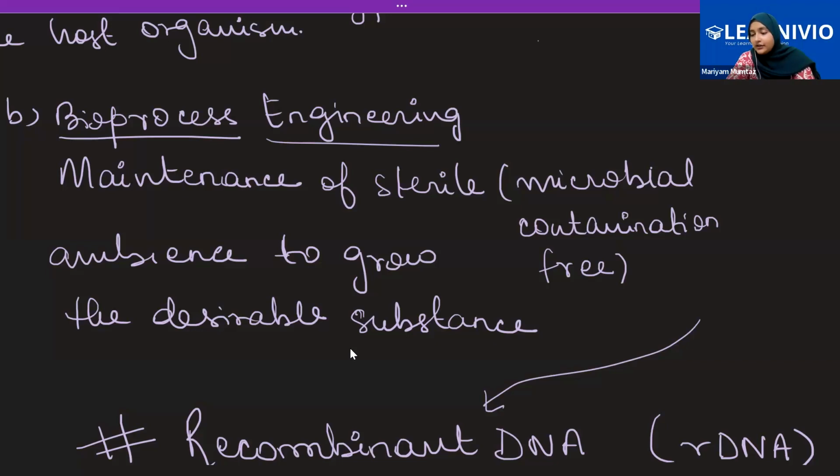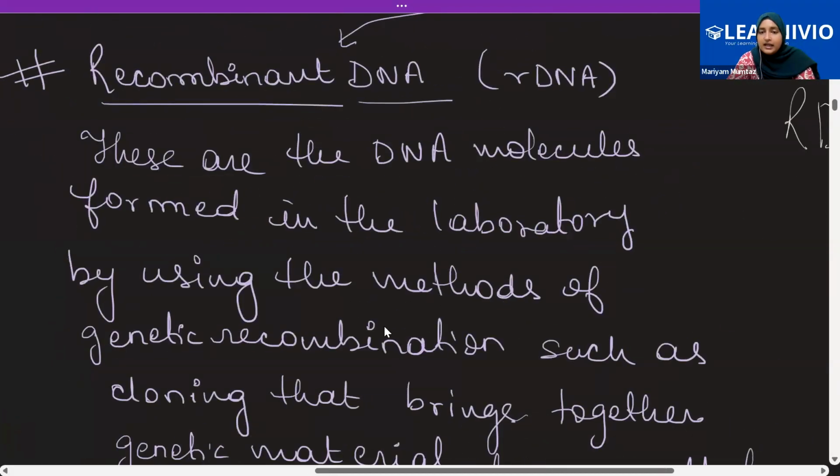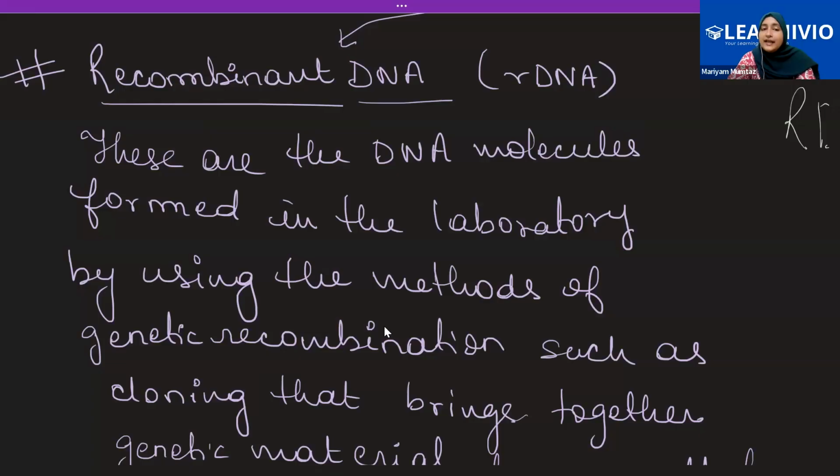Now, when we are altering the chemistry of DNA or RNA, we create a recombinant DNA, called rDNA. These are DNA molecules made in the lab using certain techniques in biotechnology. You take the gene of interest, put it into another organism's part like a vector, and then introduce it into the host.